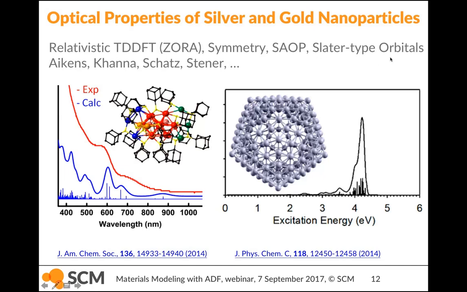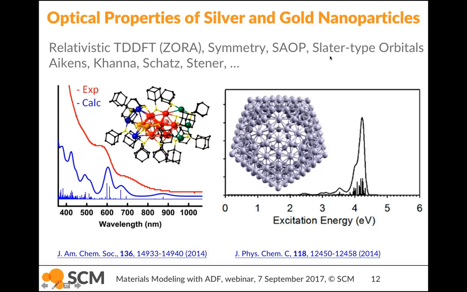In ADF, we use Slater type orbitals, which fall off as an exponential, a long-range behavior that corresponds to the exact solution of the Schrodinger equation for hydrogenic systems, as opposed to other codes where we typically use Gaussian type orbitals, which fall off much quicker than the exponentials used in ADF, the Slater type orbitals.